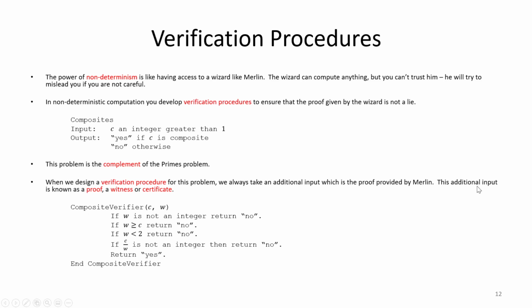And usually we give this a name. And when we were asking for it from Merlin, we asked him for a proof. Prove to us that it's a composite number. So sometimes we call it a proof. Other times it's got other names, so I've highlighted these here in case you encounter this in the literature. One other name is a witness. We might say the factor witnesses that the number C is a composite number, or a certificate, as though the factor certifies that this is a composite number.